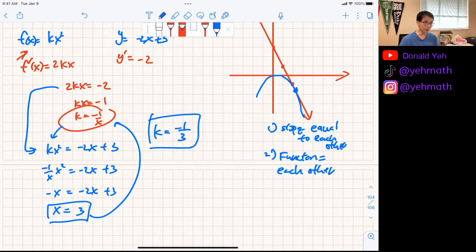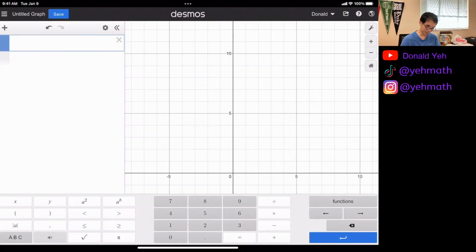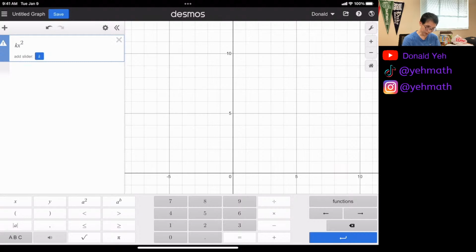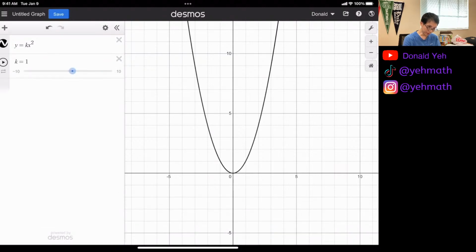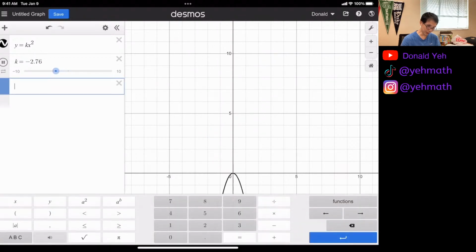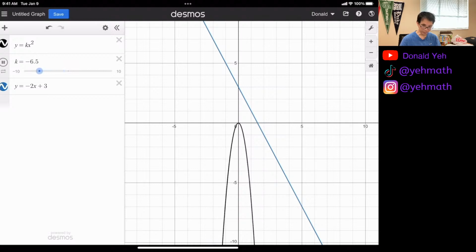I'm going to show you in terms of Desmos perspective. How are you going to check your answer? Check on Desmos. Desmos is going to be your best friend. Kx squared, y equal to, and the slider k. Now remember, this k can be anything, but it has to be tangent to this, right there.